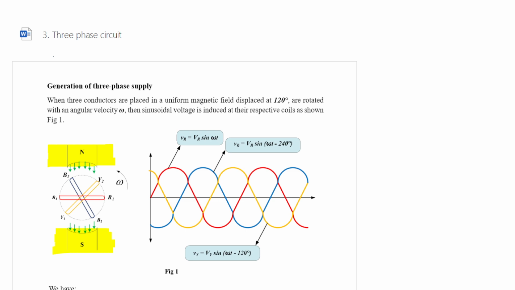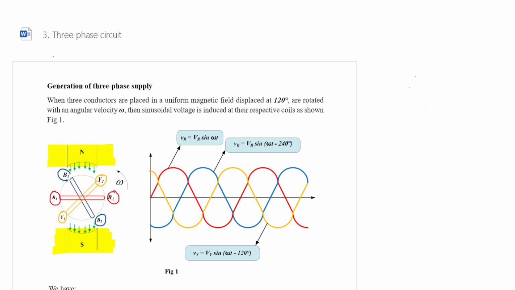The first conductor is R1 R2, this is R1 and this is R2. The second conductor is Y1 Y2, and the third conductor is B1 B2.